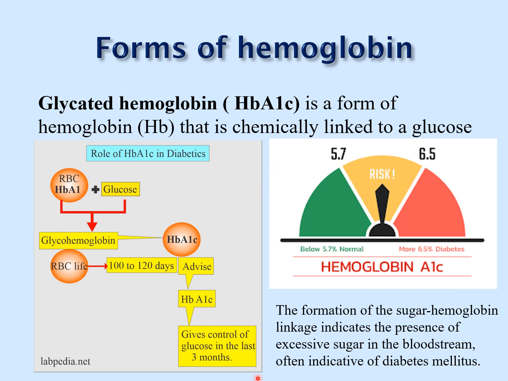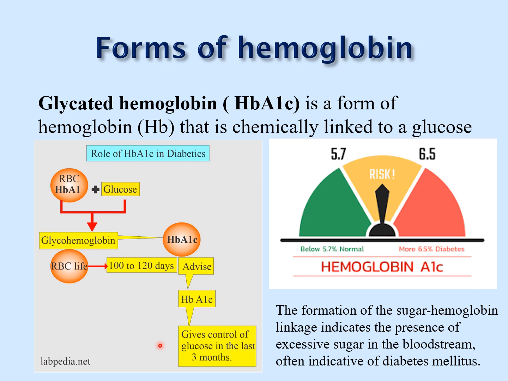Why? The illustration is here. First of all, hemoglobin A1, as I said, can react with glucose in red blood cells non-enzymatically, and there is formation of hemoglobin A1C. The concentration of this hemoglobin can give more information because red blood cells live approximately 100-120 days in our blood, and that is why the concentration of hemoglobin A1C can give information about the concentration of glucose in the last 3 months.